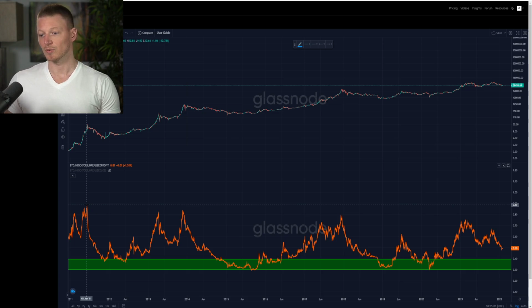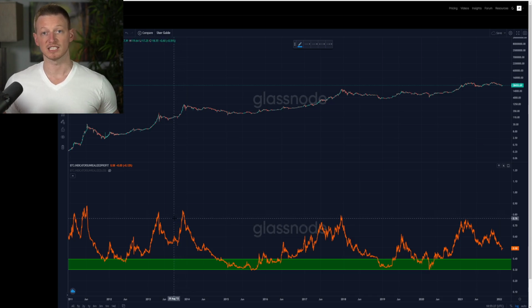At times when we've been reaching a market cycle peak, such as in 2011, the end of 2013, the end of 2017, and the beginning of 2021, we've had our market cycle peaks. And you can see each time we have been at a point where the relative unrealized profit has been very high in relation to the market cap.